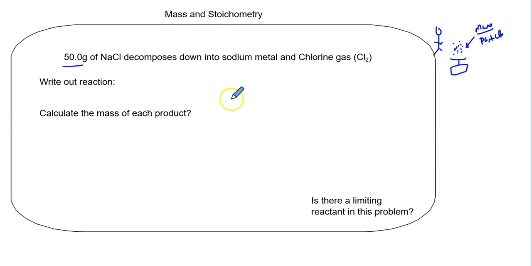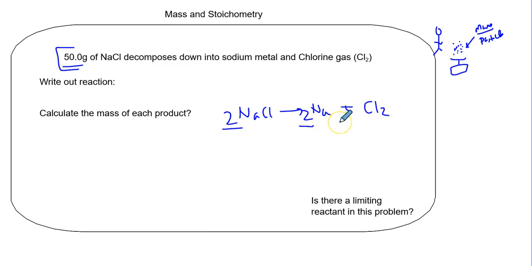A couple of things you might also want to realize is that, as far as mass is concerned, take a chemical reaction, like let's say NaCl goes to Na plus Cl2. We need a 2 here and a 2 here. Let's back that up a second.